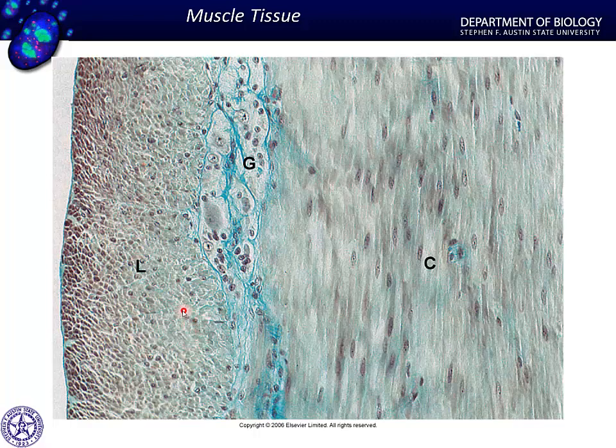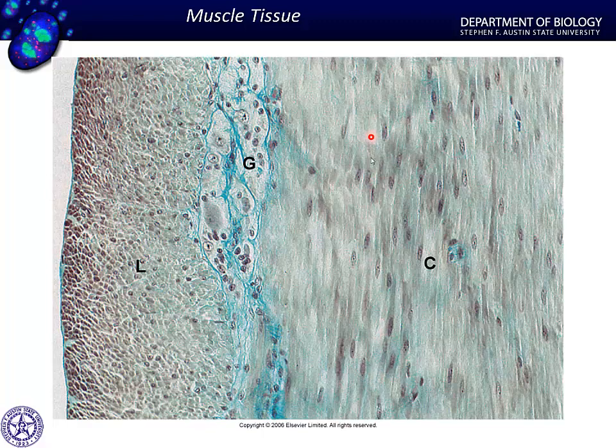So what you're looking at are the cut ends of the smooth muscle and the centrally located nucleus. We're also going to see some ganglia of our enteric nervous system. And then in this case, we have circumferential smooth muscle, so what we're looking at are the longitudinally running smooth muscle.